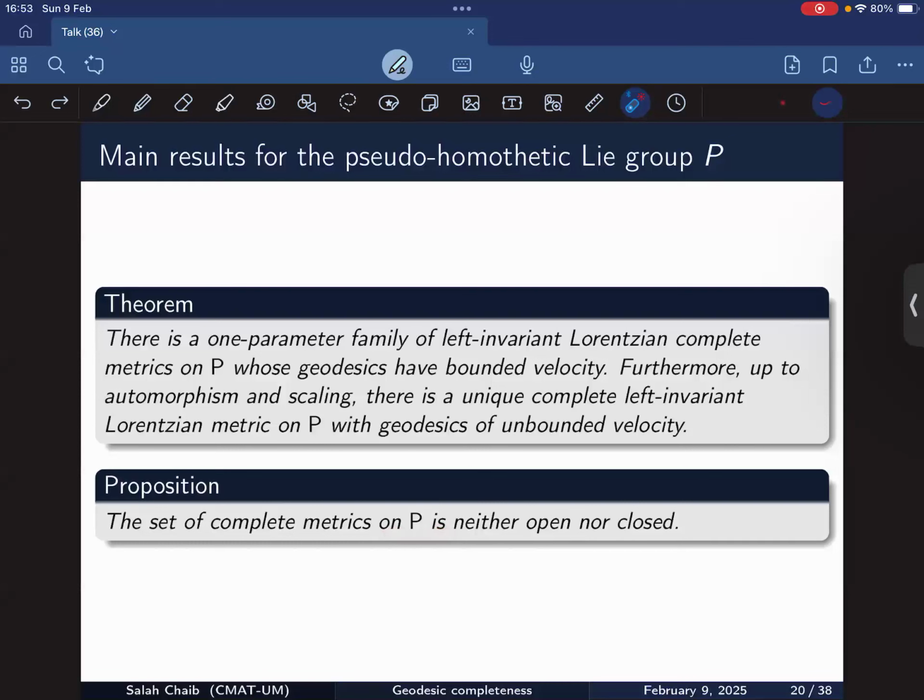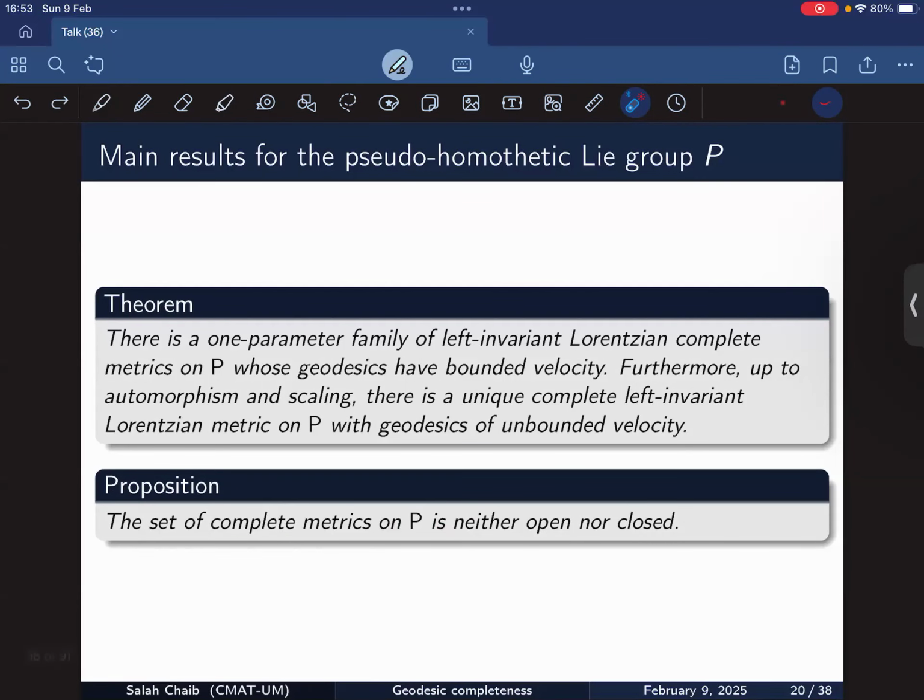This provides a counterexample for the statement that, for unimodular Lie groups, complete metrics are a closed subset of the moduli space. So in the non-unimodular case, it's a counterexample where it's neither open nor closed for complete metrics in the moduli space.